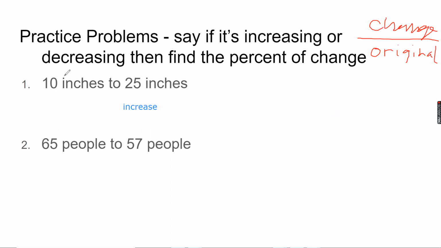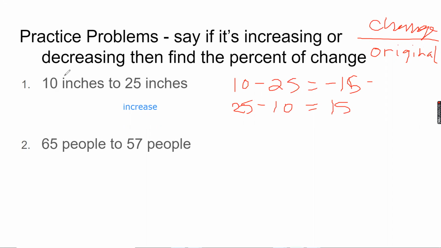And so when I'm looking at this, to figure out the change just means that it's going to be a subtraction problem. So I can take 10 minus 25, or I can take 25 minus 10. The only difference in those two answers are this one is a negative 15 and this one is a positive 15. But because of what we talked about earlier, we're going to be doing the absolute value.